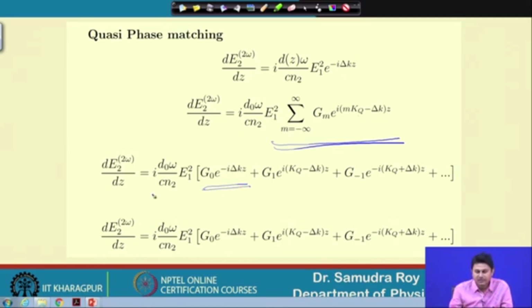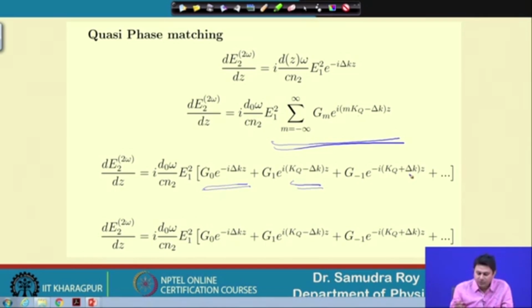From the next terms, the contribution of k_q appears. If I put m equal to 1, we have e to the power i (k_q plus delta k) z. For m equal to minus 1, we have G minus 1 e to the power i (k_q plus delta k) z, and so on.